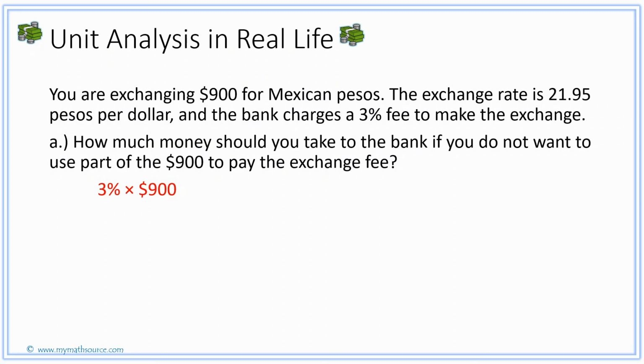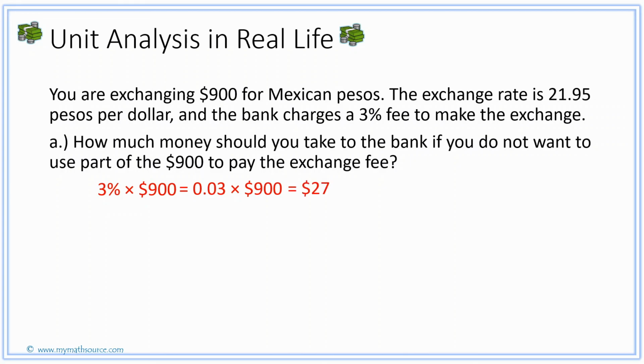So 3% times 900, in your calculator you want to put 0.03, because that's what 3% is. Remember, 3% means 3 per 100, and per 100 is the same as saying 3 hundredths. Per means to divide, so 3 hundredths as a decimal is 0.03. So we have 3 hundredths times $900.